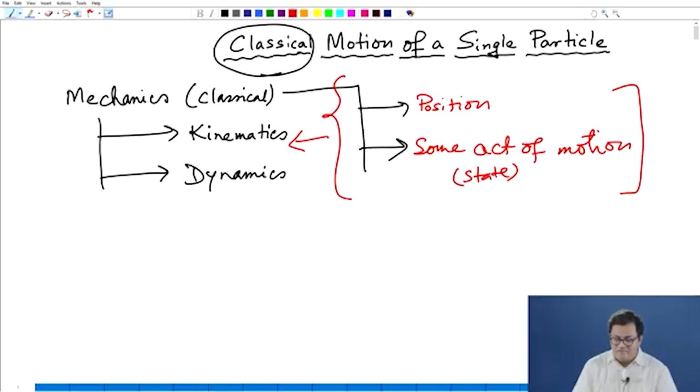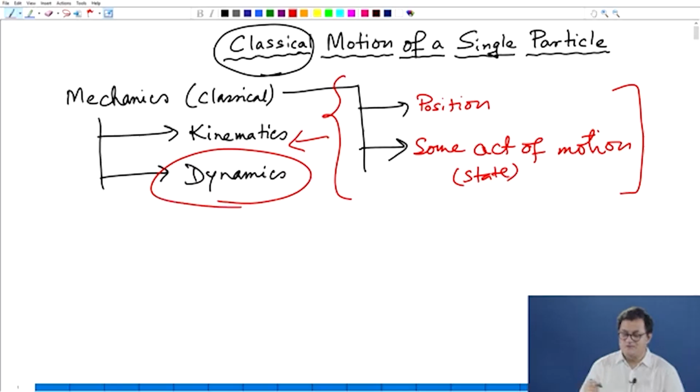After you asked what he was doing, the person said, well, now I am jobless, I was doing a job, then you can say okay, thank you, bye. Instead of that, if you now ask why, what happened, you want an explanation. This part is analogous to trying to understand or explain the motion of a particle, and this constitutes dynamics.